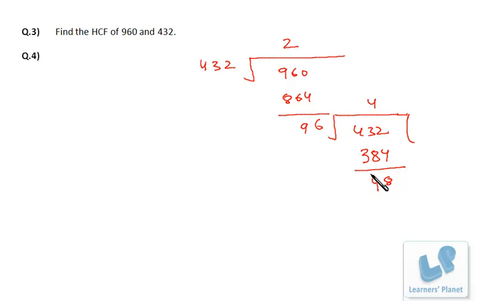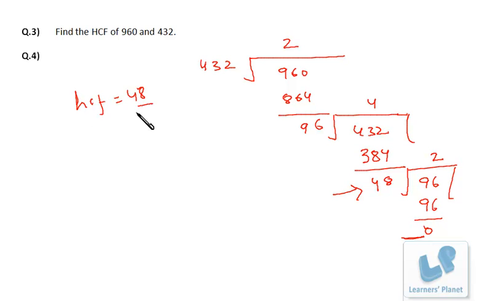So still the remainder is not 0. That means we have to go for one more step. So now I take 96 as dividend. Now 48 2s are 96. Now we get the remainder as 0. That means this number, that is 48, is the HCF of 960 and 432, right? Because in this step we are getting 0. So the HCF is 48. Okay.